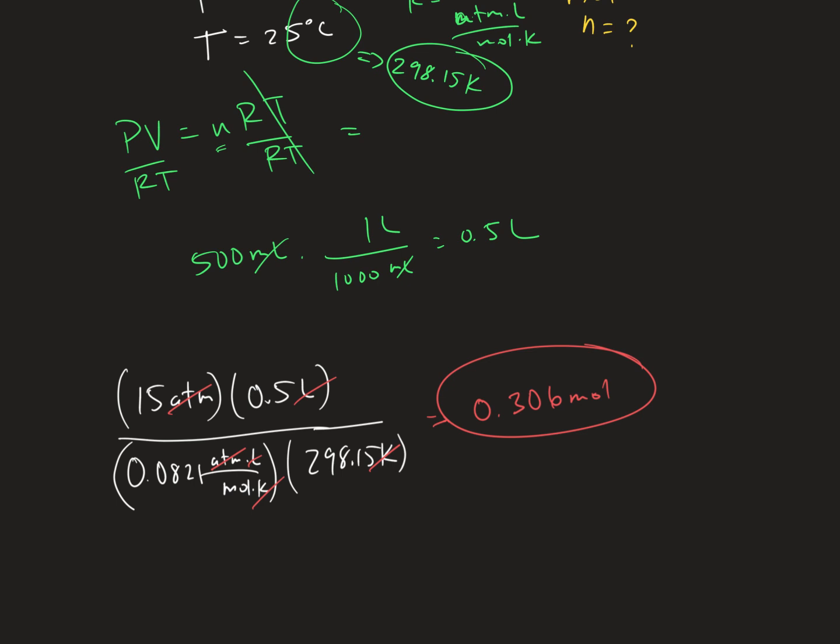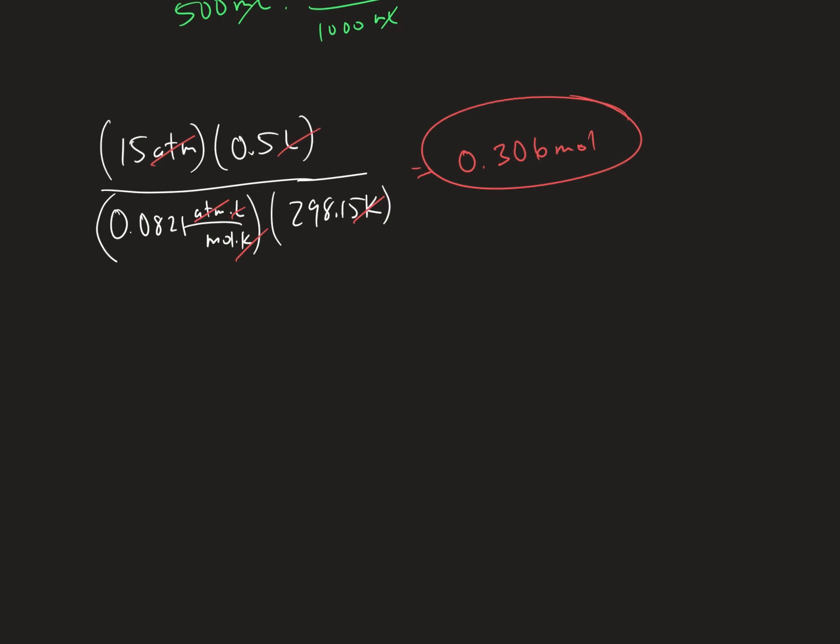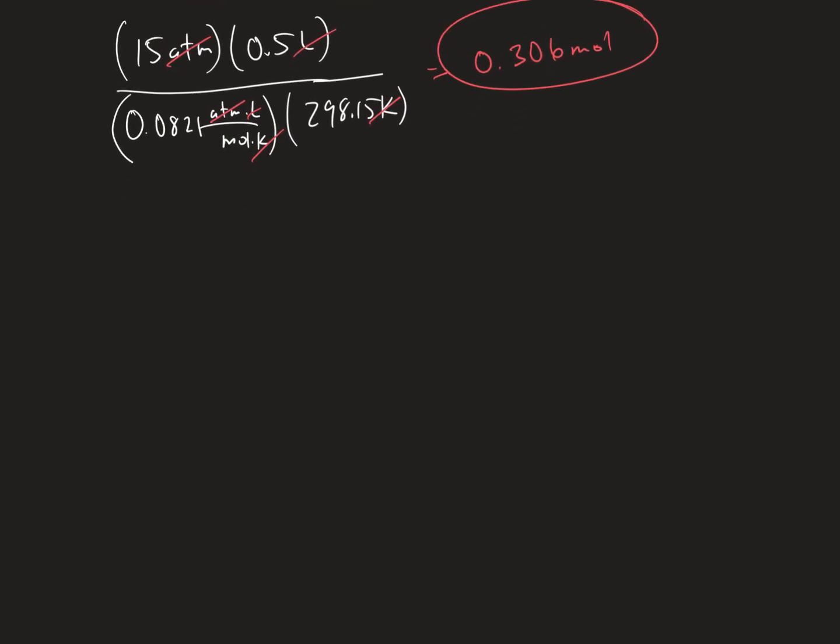You ready to try an applied problem? One that uses everything we've learned so far? Well, not everything, but a lot of the stuff. Or do we have any questions on this? All right. So let's say we have another example.